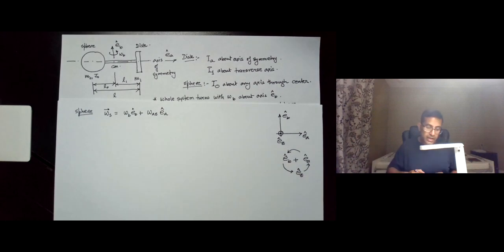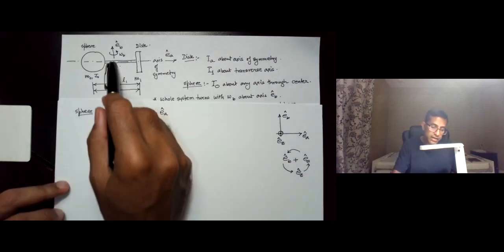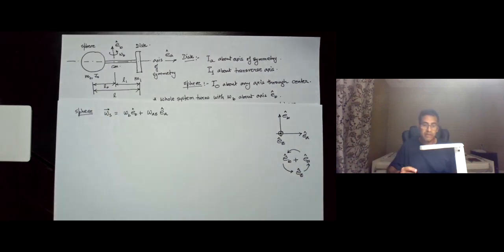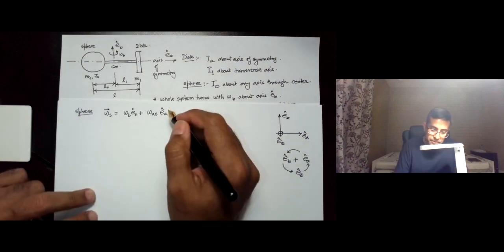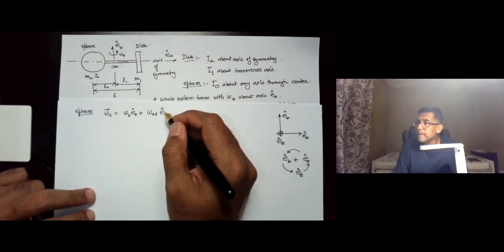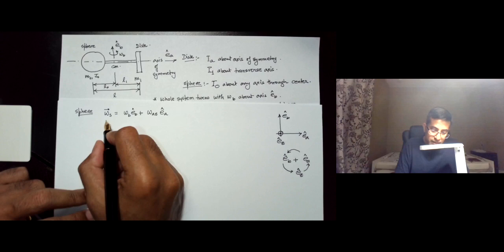Now in the EB direction, the angular velocity is omega b, because the whole system is being turned by an angular velocity omega b. The whole assembly is being turned, so both the sphere as well as the disk share that same angular velocity.